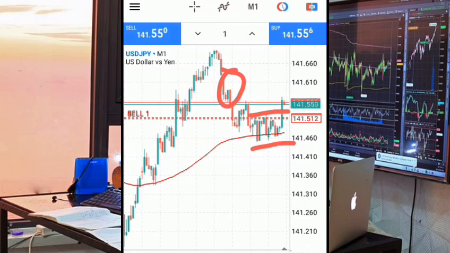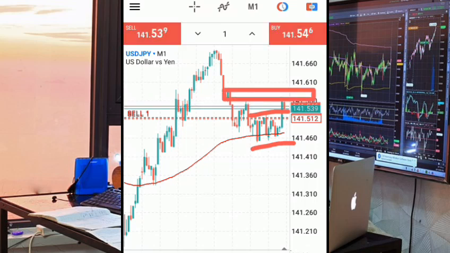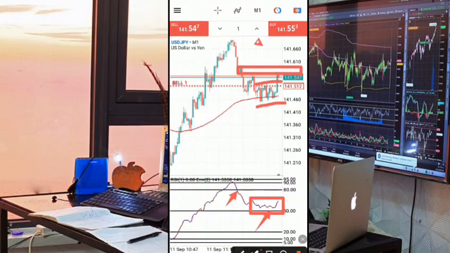Now we said we have to use the last key level before we enter the trade. So if you see over here, the last time price went bullish, it was at that place. So if ever price comes and touches that line over this place, we are stopping our trades. We are closing our trades and we're going to wait for the next one.